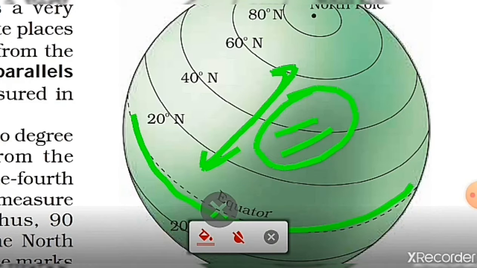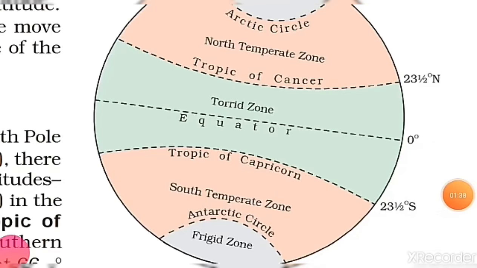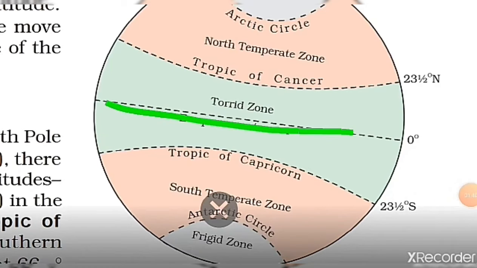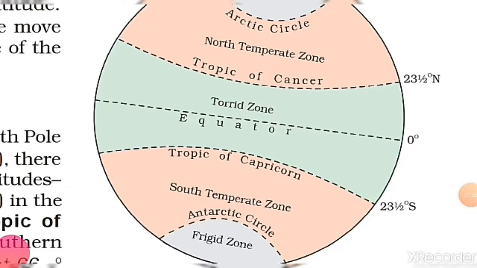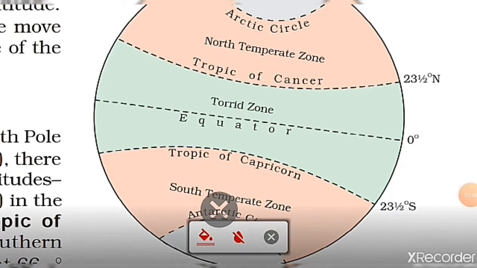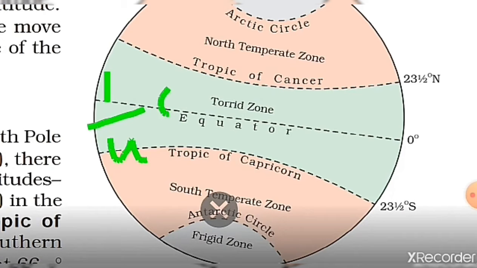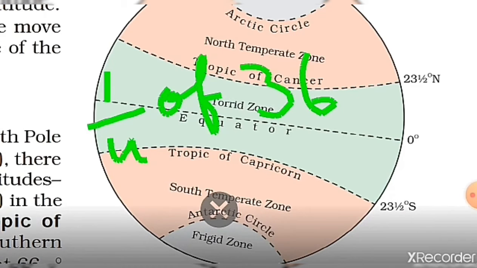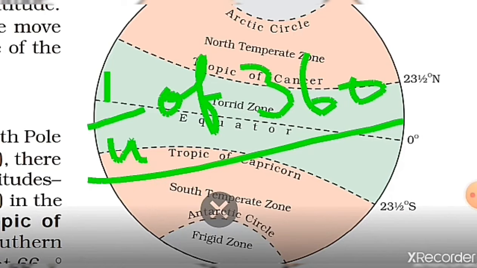The equator represents 0-degree latitude. I'll show you, that is 0-degree latitude. You have to measure all circles in degrees. The distance from the equator to either of the poles is 1/4 of 360, and you will get 90 degree.